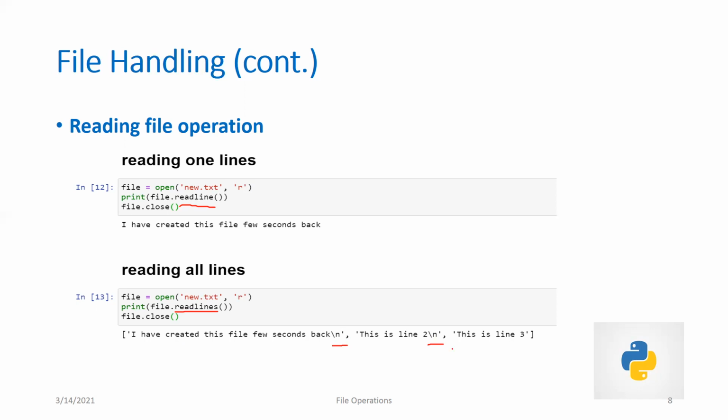So every line contains a newline. That means it represents that there are more lines after that. So these are the three lines. What is the benefit? Readlines will show us each line separately, adding a newline. But there are also techniques to get rid of this newline.